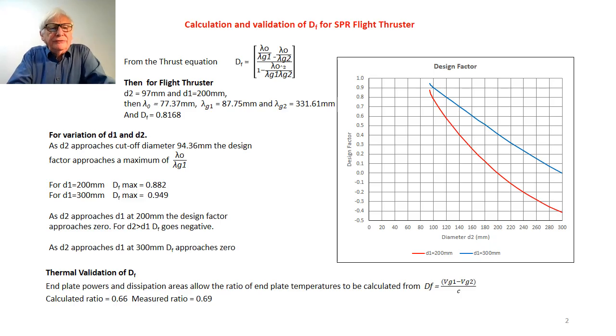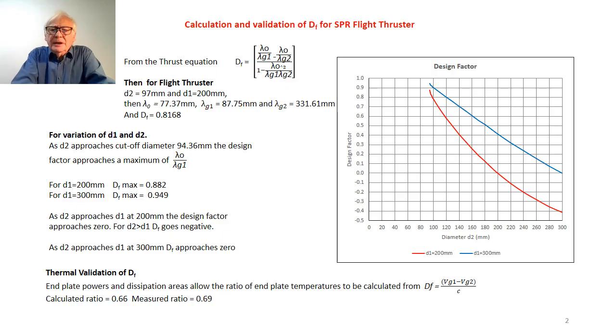And we've seen that for the flight thruster with D2, the small end diameter, at 97 millimeters and D1, the large end diameter, at 200 millimeters, we get guide wavelengths: lambda naught, which is actually the free space wavelength, of 77.37 millimeters, lambda G1, the guide wavelength at the large end, at 87.75 millimeters, and you can see how it increases to lambda G2 as the diameter comes down, so that lambda G2 is 331.61 millimeters.